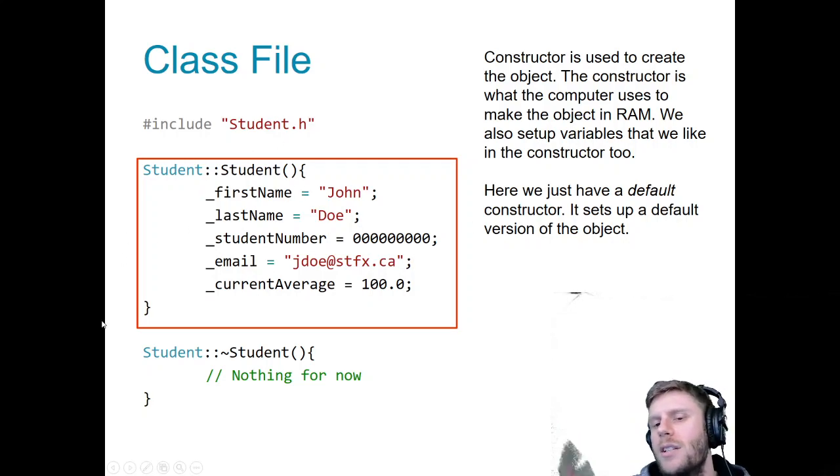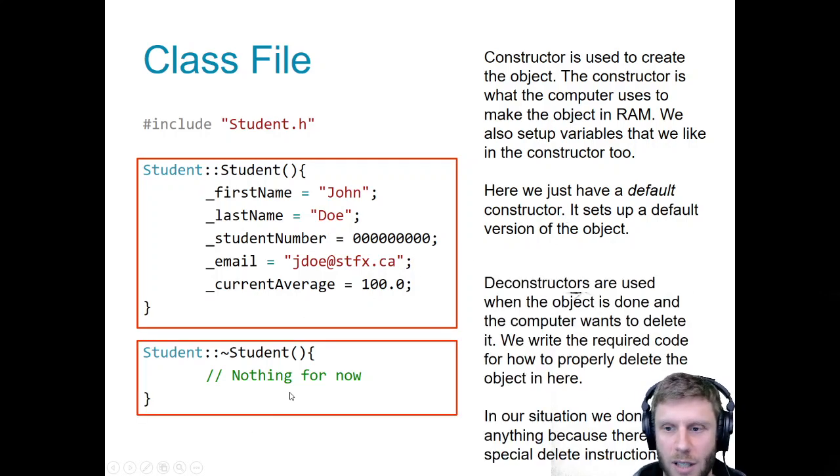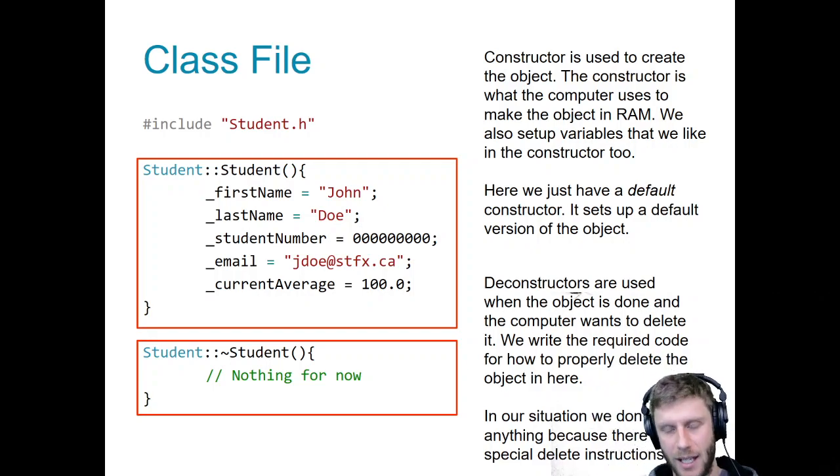If someone wants to create a student object, by default, its first name will be John, then last name is Doe, and student number will be all zeros and whatnot. And they've currently got 100 in the class. And the deconstructor has nothing in it. But like I said, if we made anything in the constructor, or if there was anything within the class that created something in dynamic memory that needed to be deleted, the deconstructor is where we would do that. Sorry, that's actually not correct.